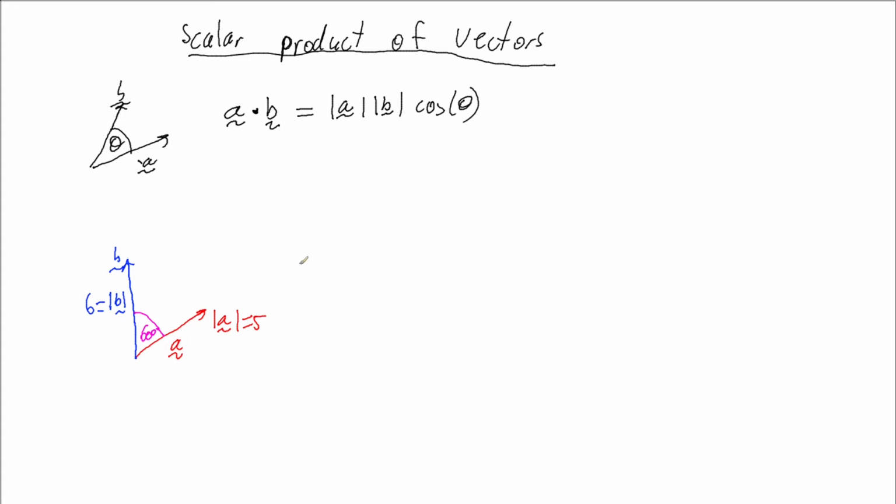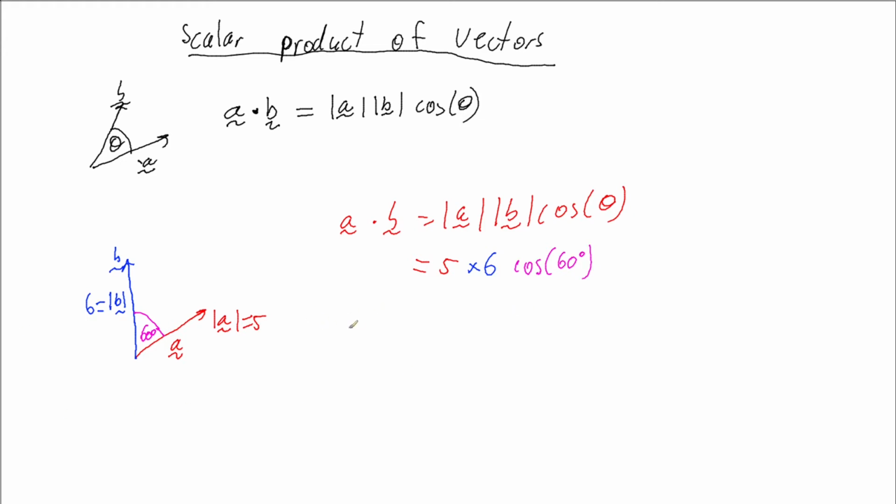My scalar product, by my rule, is going to be A dot B, which is the magnitude of A times the magnitude of B, cos the angle between them. So if I work this out, the magnitude of A is 5, the magnitude of B is 6, and the cos of 60 degrees.